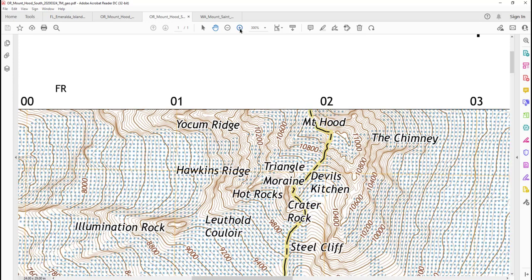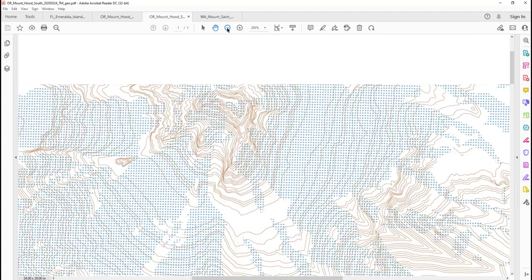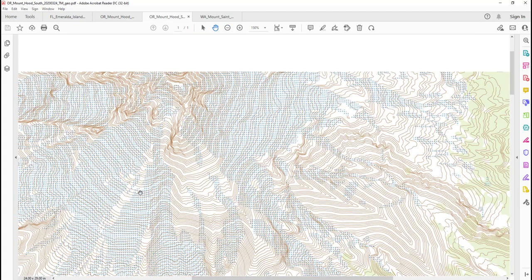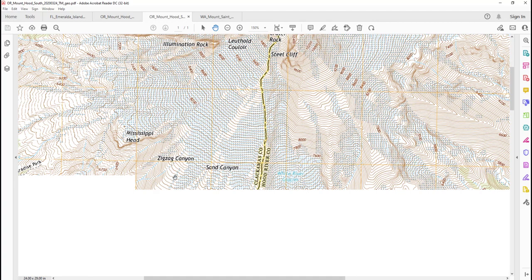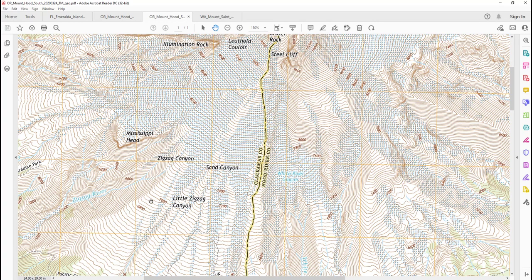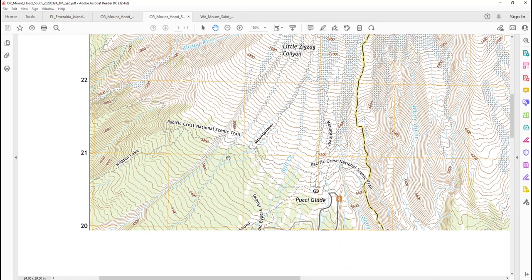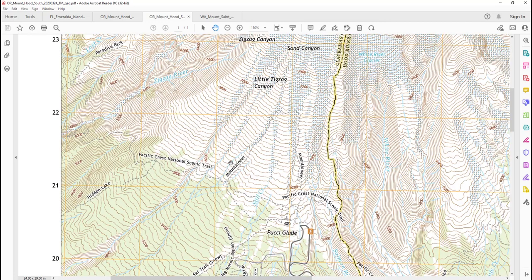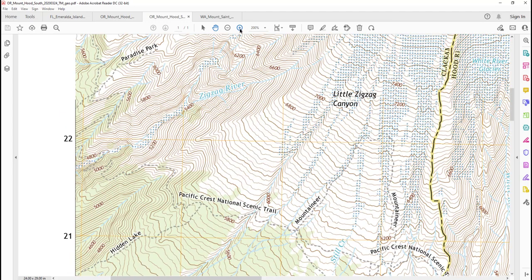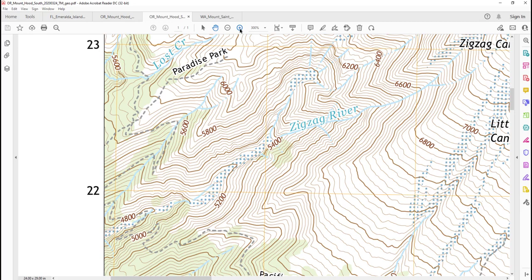Another thing about contour lines, let me show you. I just went the wrong way, sorry. Let me show you another handy thing about contour lines, and that is when they cross a stream, they always V in the upstream direction, right? And if I come back over here, let me zoom in a whole bunch here.